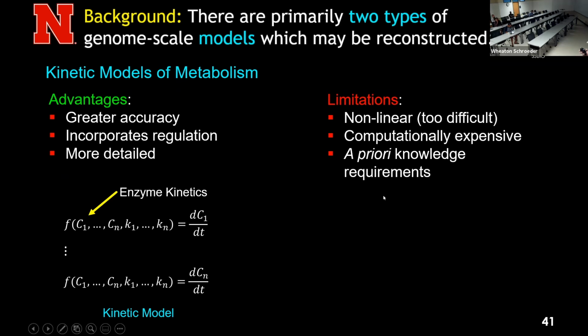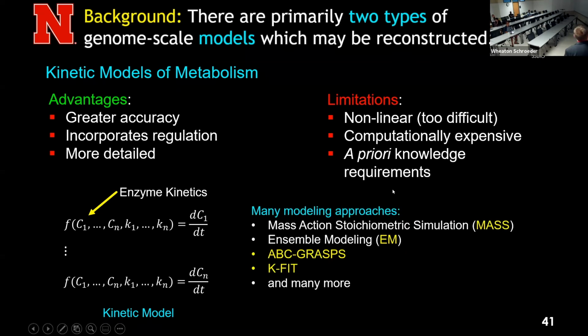So one example I'd like to give is the largest stoichiometric model that I've seen is for humans and contains about 10,000 reactions. The largest kinetic model that I've seen is for E. coli, and that contains less than 500. So there's about a 2 order of magnitude scale difference between the two.